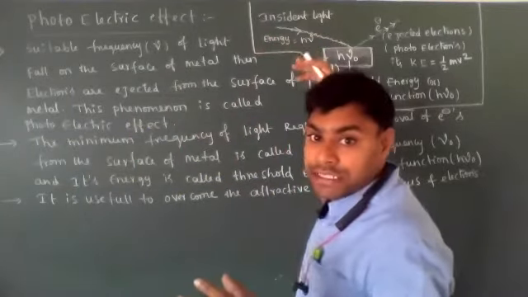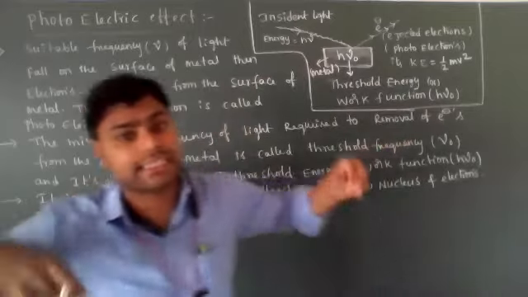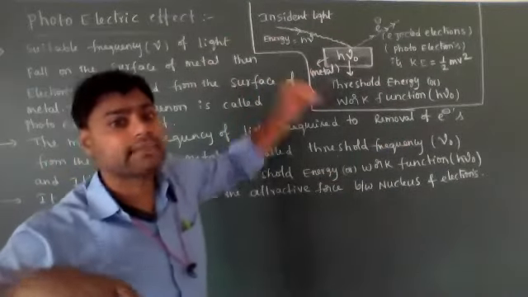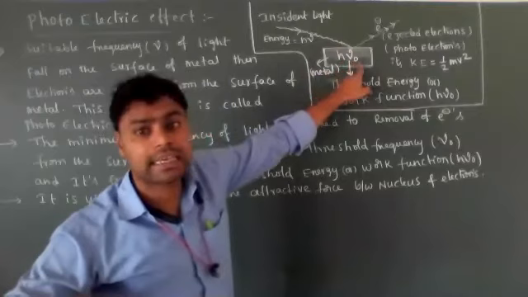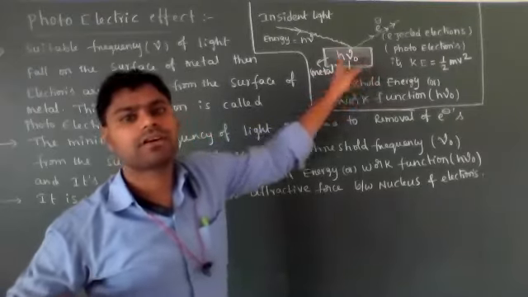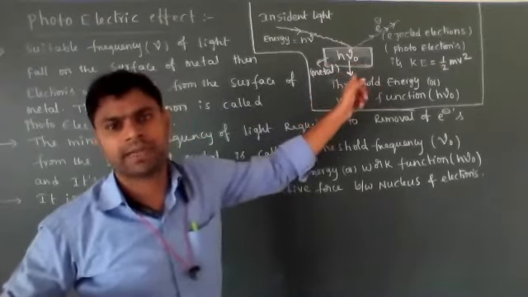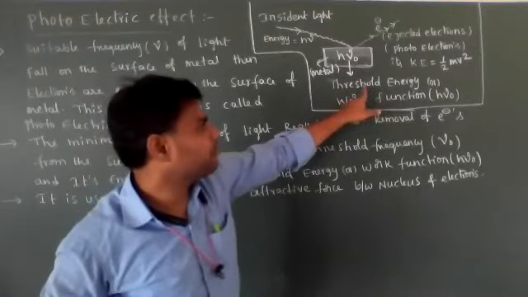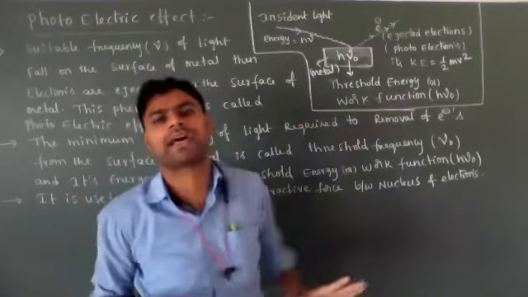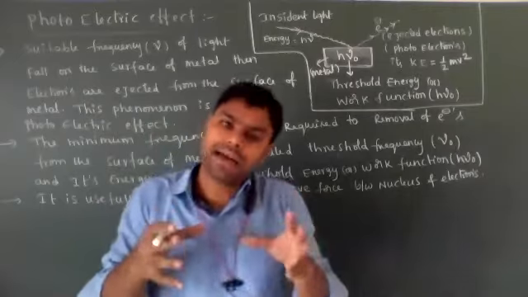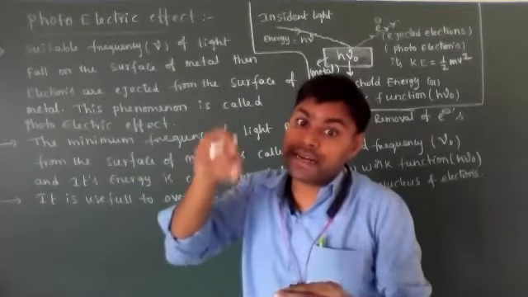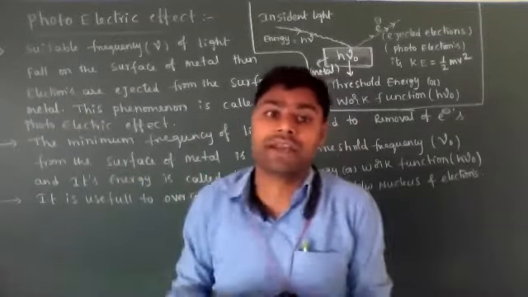How much energy of incident light we use should be more than the energy of the metal surface. That energy of the metal surface is known as threshold energy. So what minimum energy do we need for the removal of electrons?